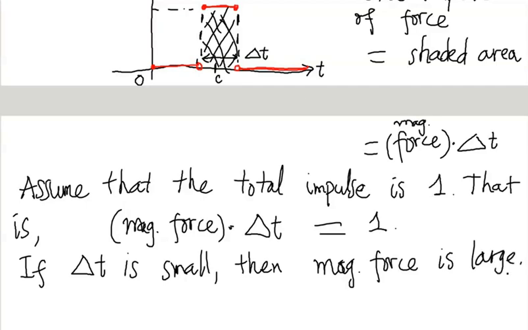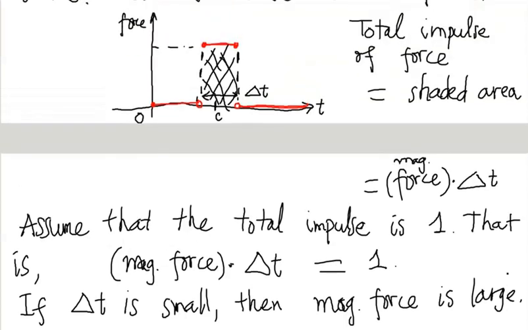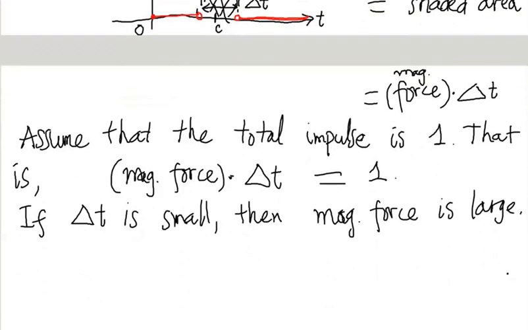So this explains the impulsive nature. When we talk about the impulsive nature of force, like pushing a swing or hammering a nail, we want delta t to be really small. We want delta t to be smaller and smaller, or in other words, we want delta t to go to 0.